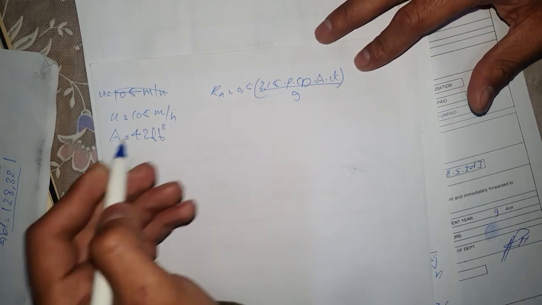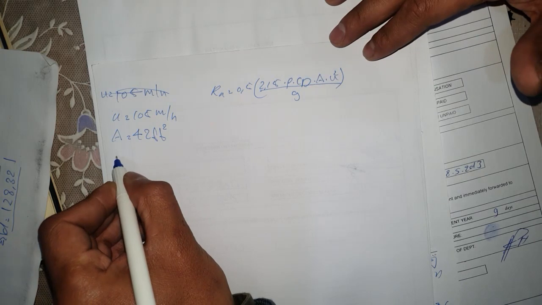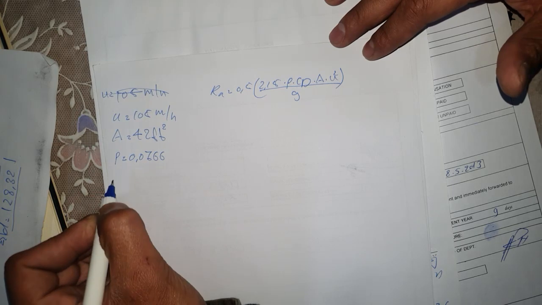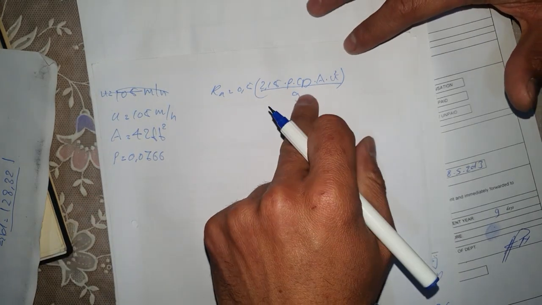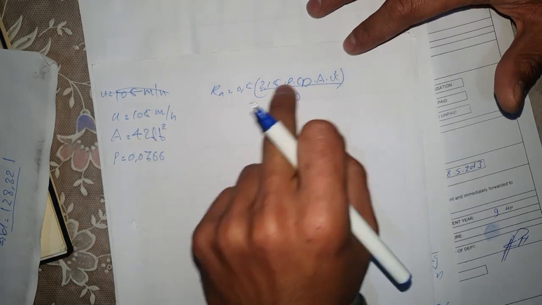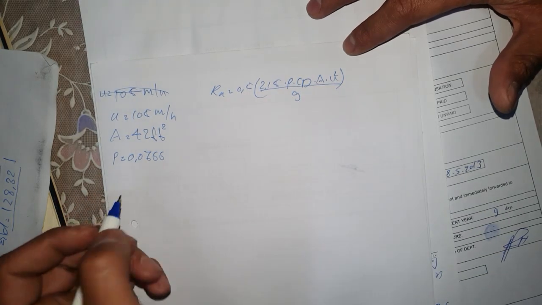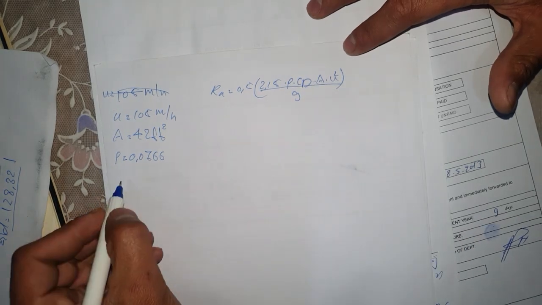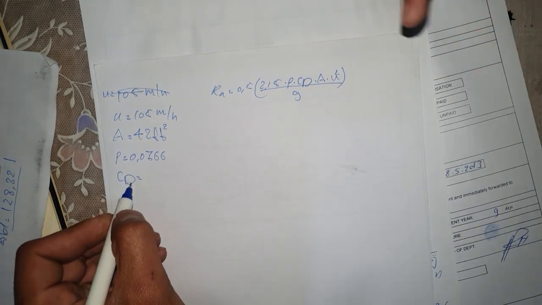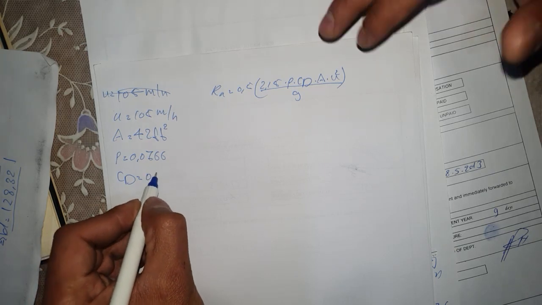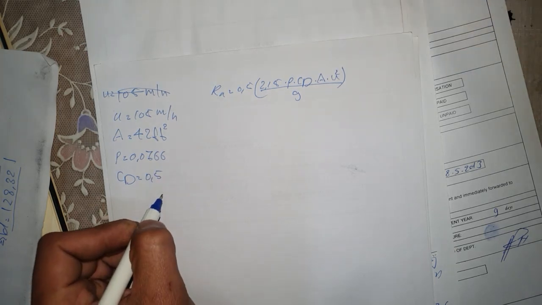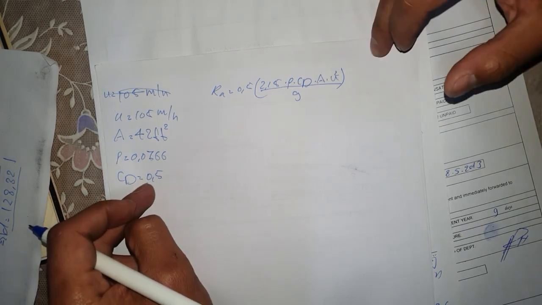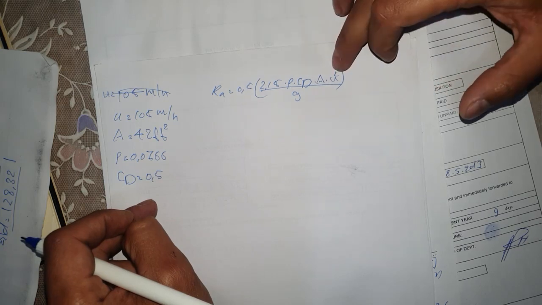The rho, the density of the air, is always 0.0766, and the cross-sectional area we have. For CD, as I said, it's a truck, so for a truck it is typically 0.5 up to 0.8. For now we'll use 0.5, and we have the speed.